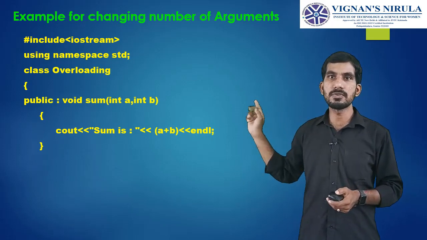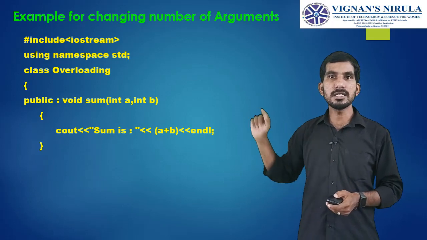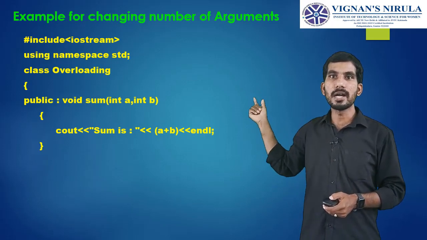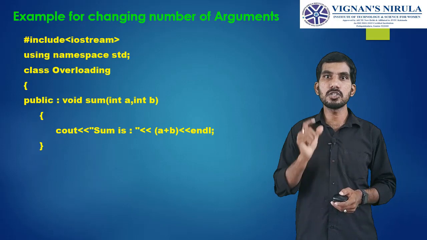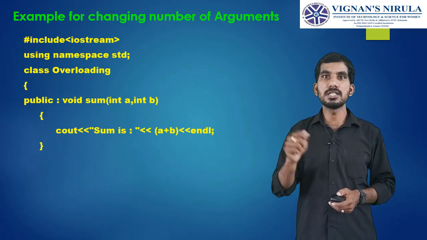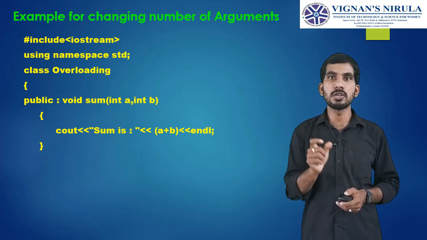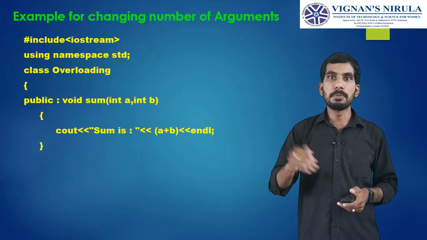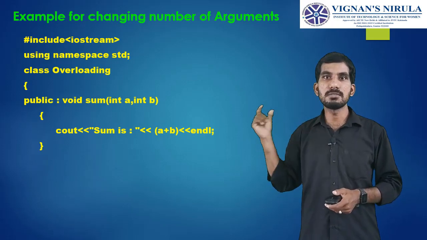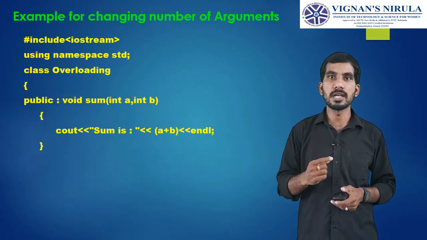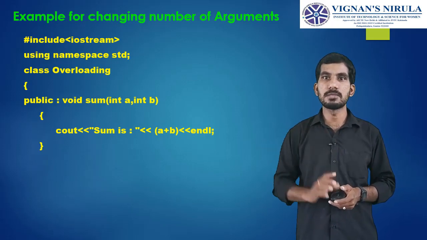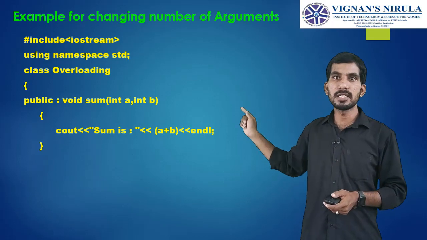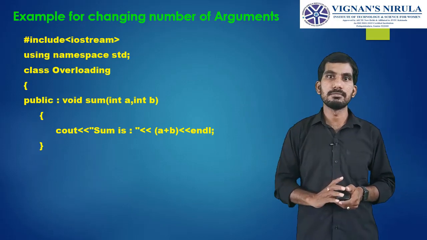With the help of the cout object, I want to print the value of a plus b, the sum of a and b. And after that I am closing the function.